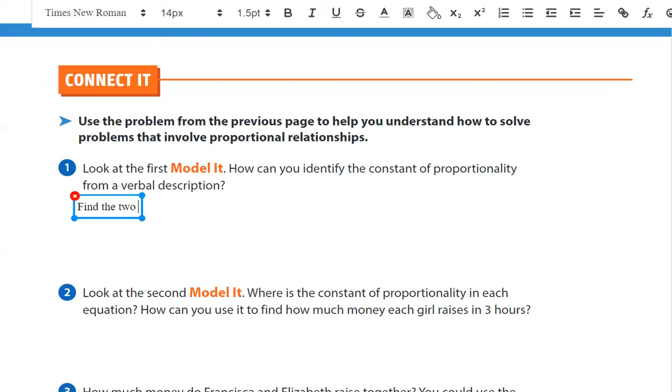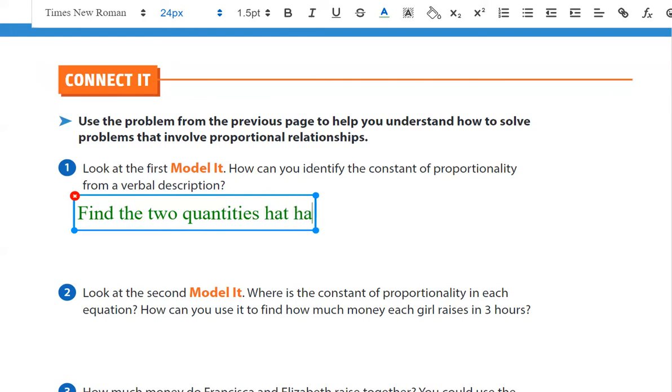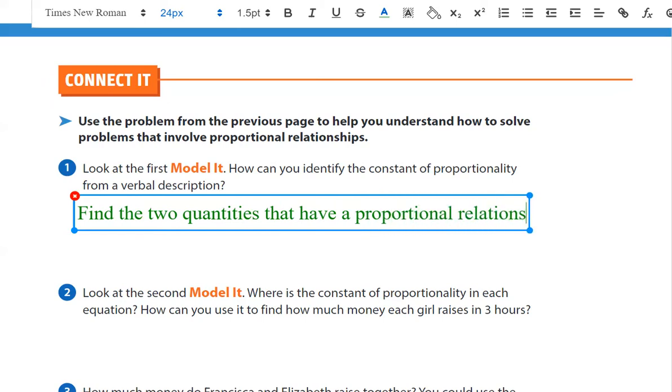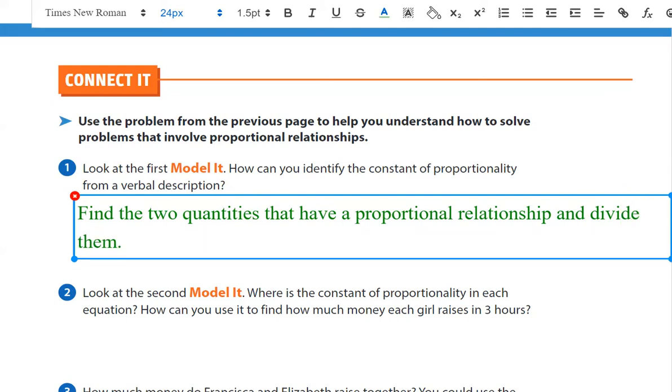Find the two quantities, aka the two numbers, the two amounts that have a proportional relationship and divide them. That will give you the constant of proportionality, aka the unit rate.